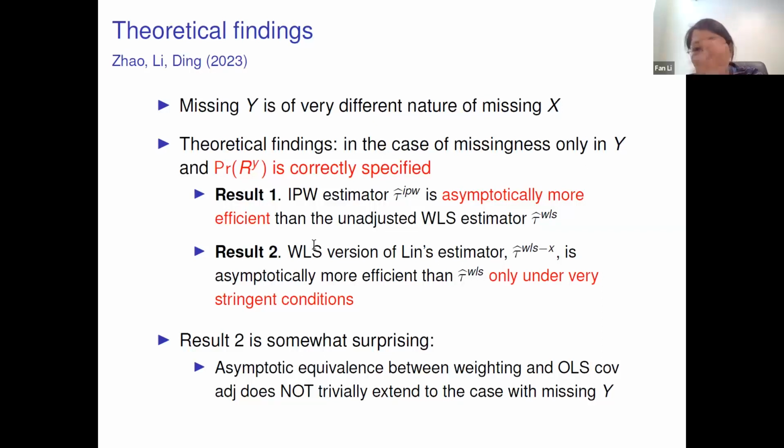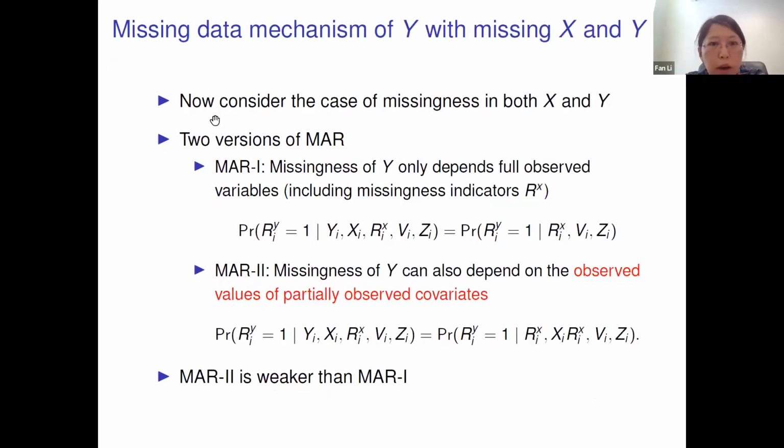Okay, so then on to the third part of this puzzle: how do I deal with covariate adjustment when there is missingness both in X and Y. So again, in this case, we have missingness both in X and Y, and we still need to specify the missing data mechanism.